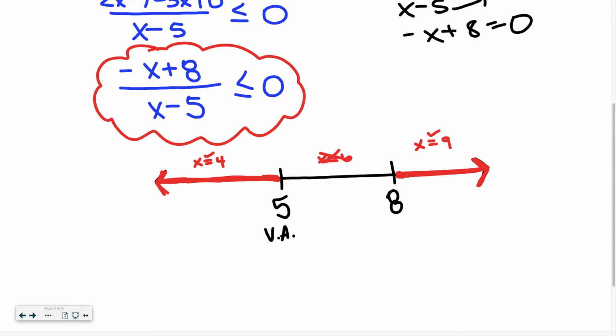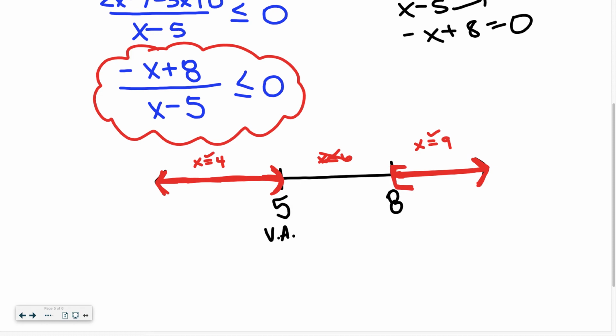Now, I held off on our parentheses and brackets because we need to talk about something. Okay? We have equality here, right? At 8, this is our 0. Do we have a coordinate on the x-axis? We do, which means we can include it. However, at x equals 5, we have a vertical asymptote. Do we have even a coordinate at x equals 5? No, we cannot include the vertical asymptote because there is no coordinate there, and there never will be.